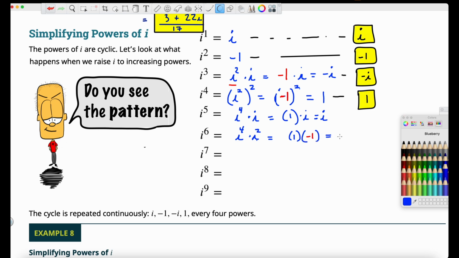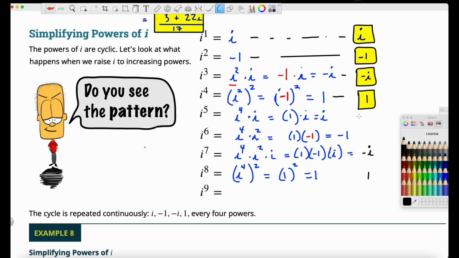So that's going to be 1 times -1, which is -1. i to the seventh we can rewrite as i to the fourth times i squared times i. We already know i to the fourth is 1. i to the second is -1 times i. That gives us -i. Running out of room here. i to the eighth we can say is i to the fourth squared. i to the fourth is 1, and 1 squared is 1.